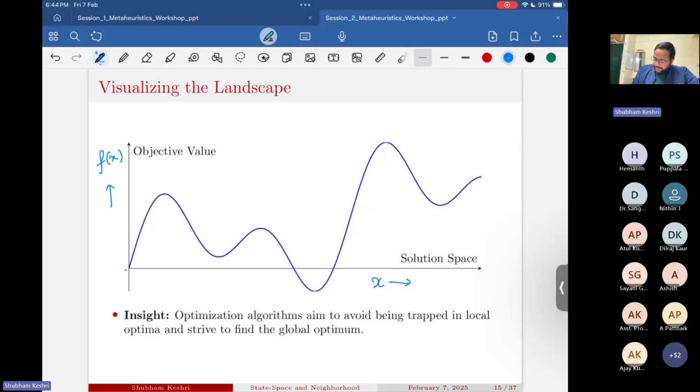By the way, we are actually going towards the discussion of single solution metaheuristics, so I'll take some ideas from there. A metaheuristic will start from one initial solution. Suppose it starts from this point, x1, and it is a minimization problem.